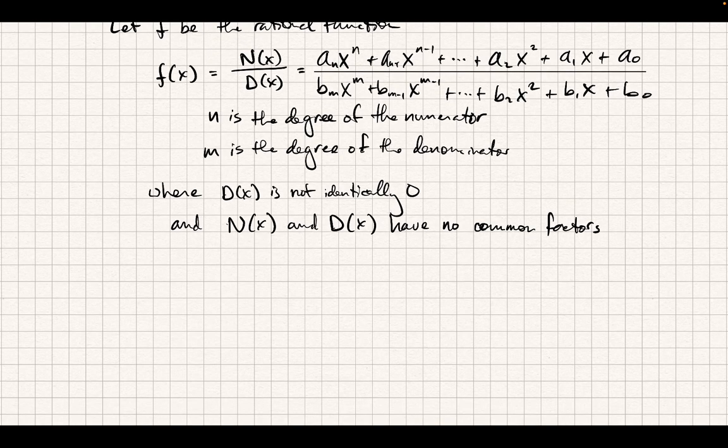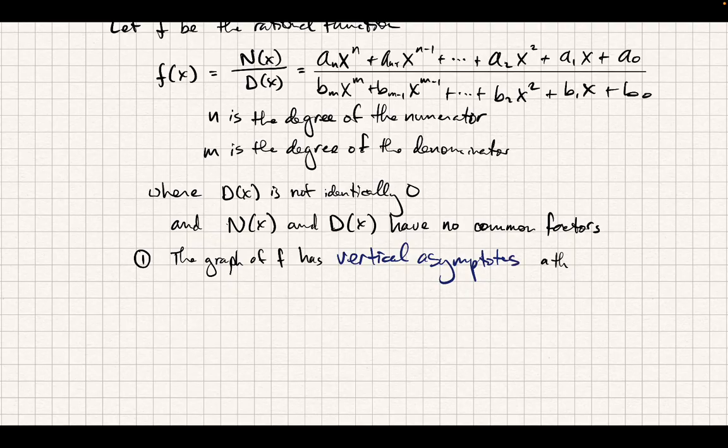All right, here's rule number 1. The graph of f has vertical asymptotes at the zeros of the denominator polynomial.